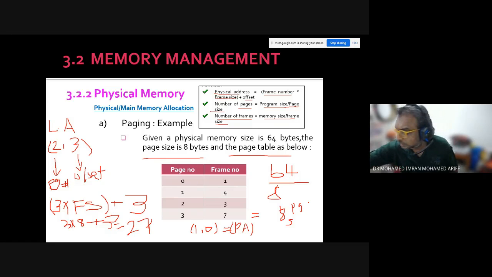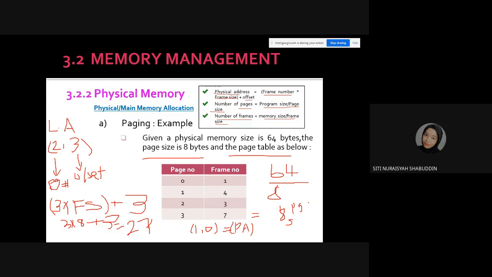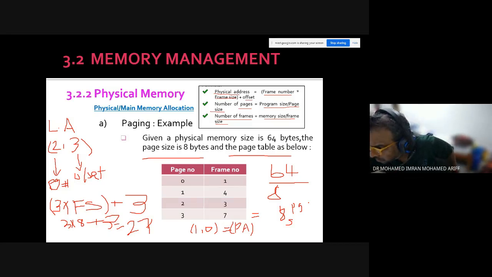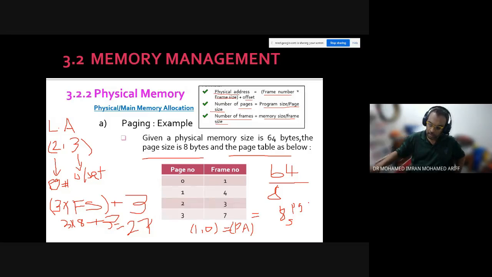Okay, what's the answer? 12. How about others? What do you get? Yang lain dapat apa?